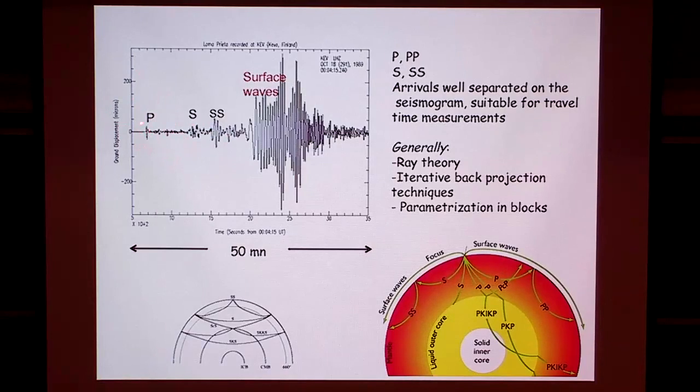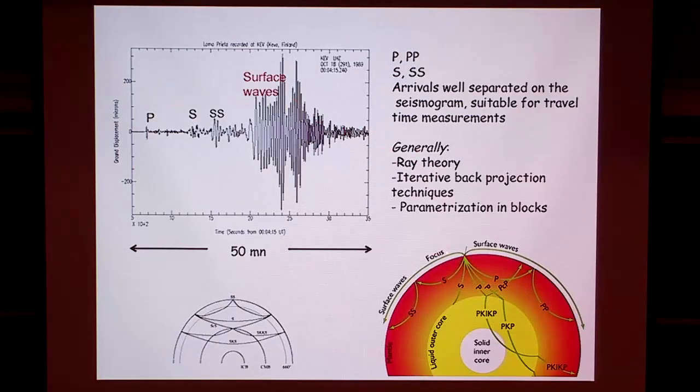The P wave in particular is also a relatively high frequency wave, so this theoretical assumption that the travel time depends only on the geometrical ray path, which is an infinite frequency approximation, is relatively a good approximation for the P wave.